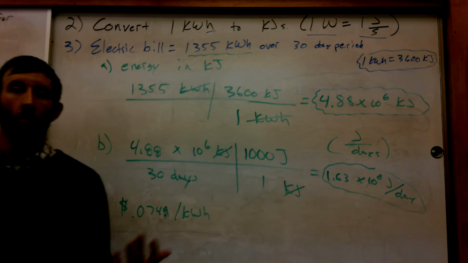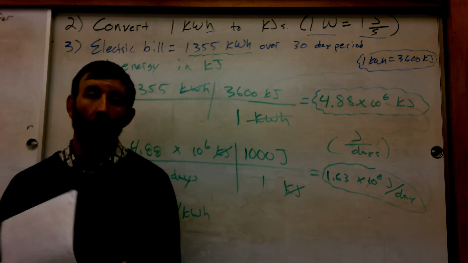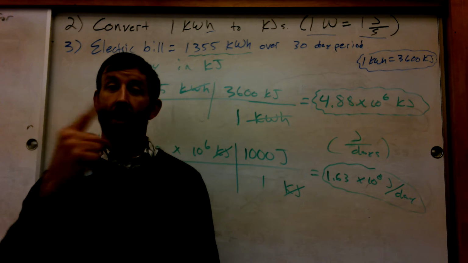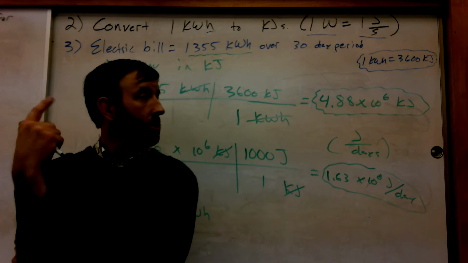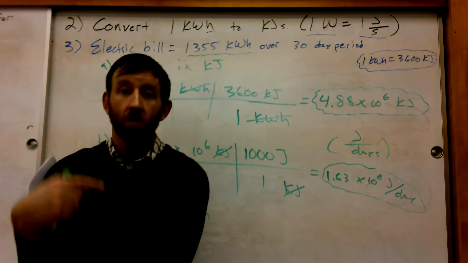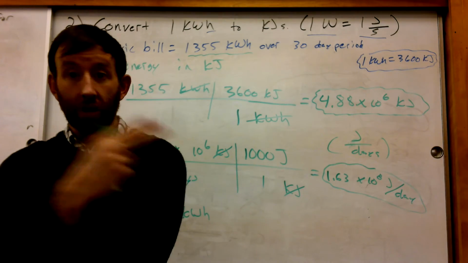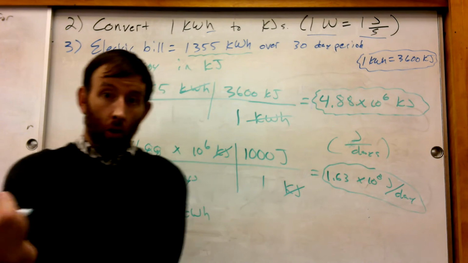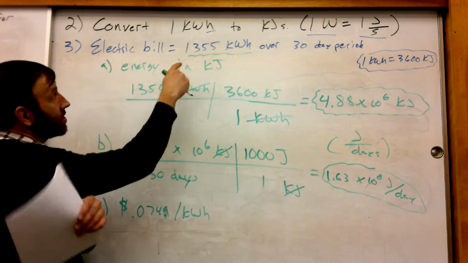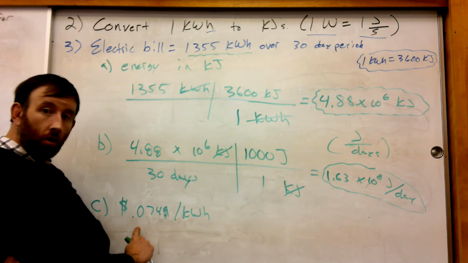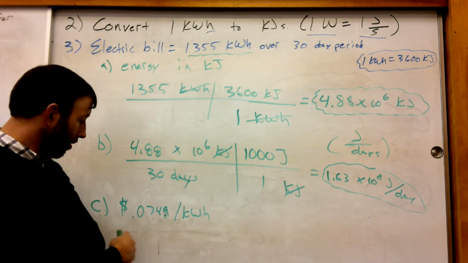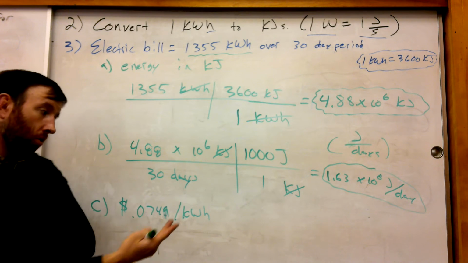So again, when your parents get the electric bill, their meter, that meter outside your house with that spinning wheel, or it might be digital, counts essentially the number of kilowatt hours being used over whatever billing period they give you. It's usually a month. So in this case, each kilowatt hour is about 7.5 cents, or 7.49 cents, or $0.0749.